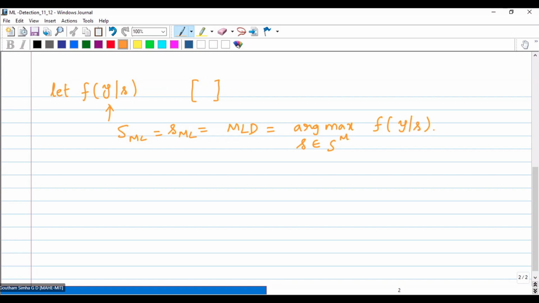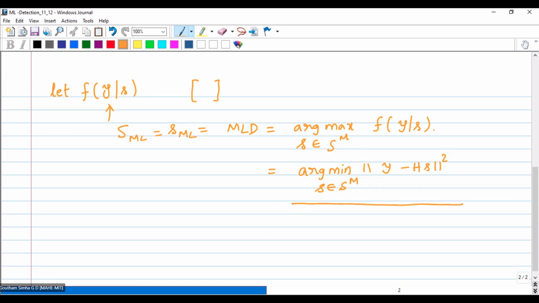If you write like this, what does it mean? It can also be written as argmin over small s belonging to S to the power of M. What is my function? How do I arrive at estimating the symbol s? That is y minus Hs, Frobenius norm squared. That's it.